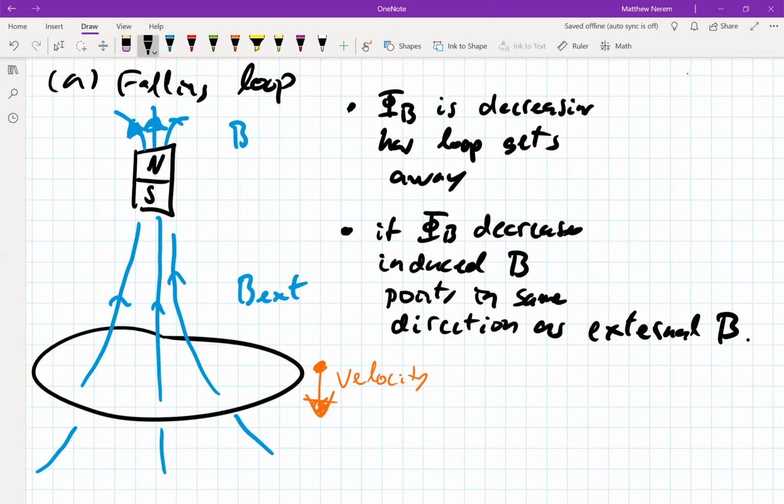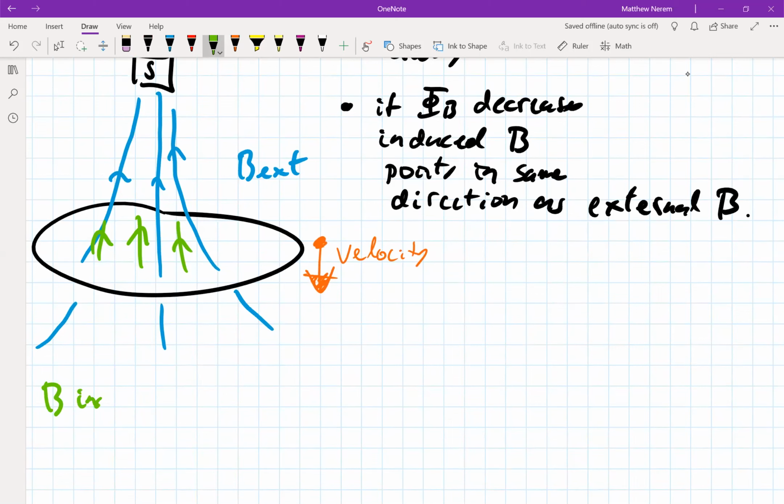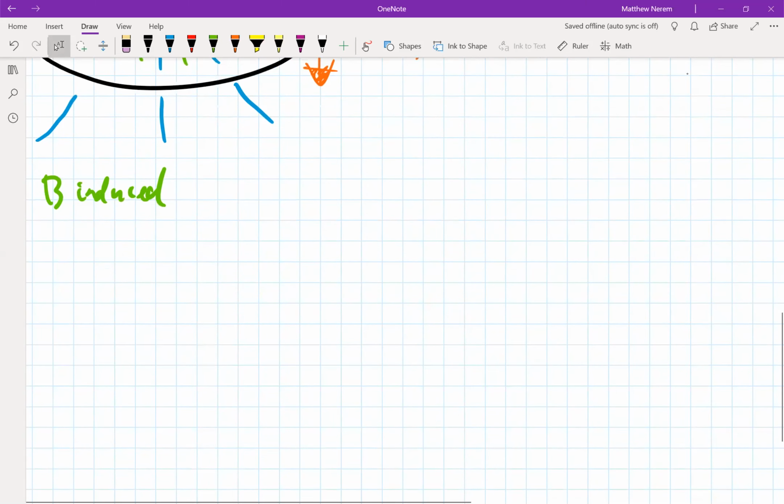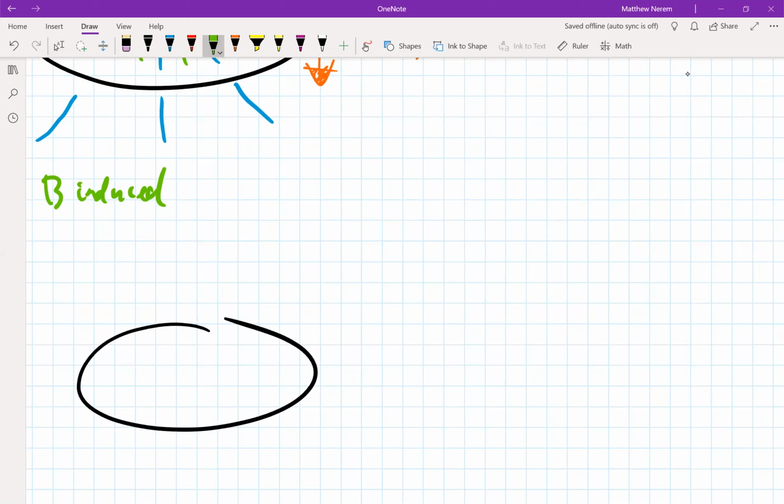Right. So I'll use green. We need to create a magnetic field that points in the same direction. Scroll down a little bit. We're going to have this guy doing that. So there's the induced field, and the direction of current that gets that.